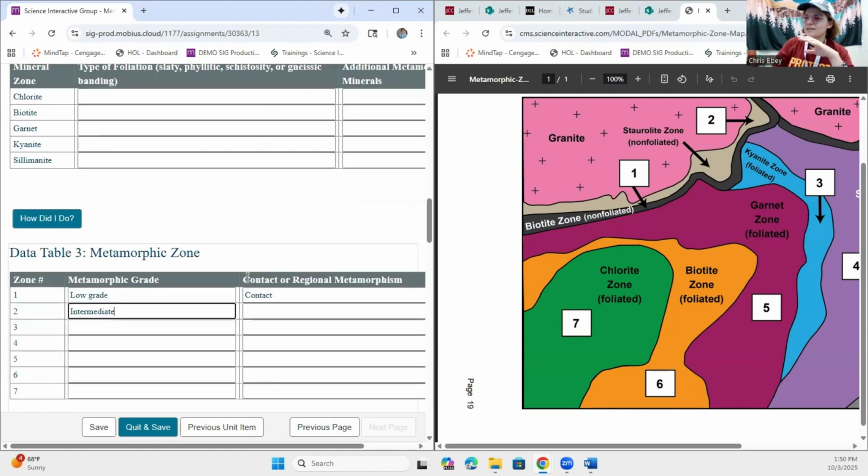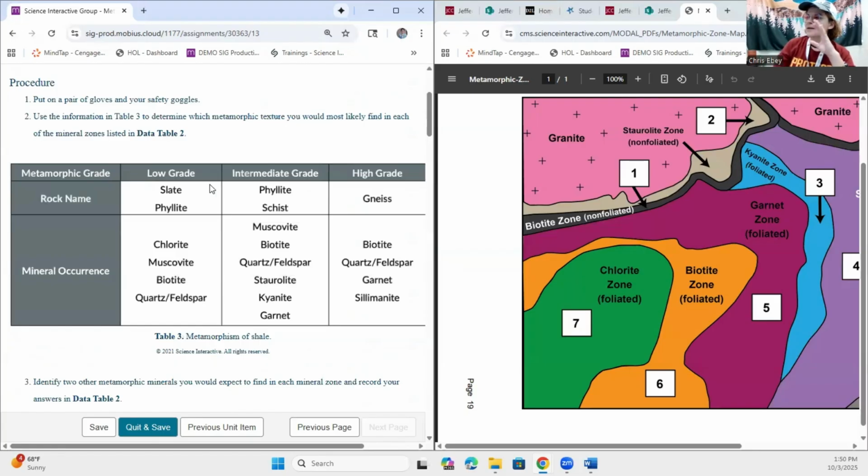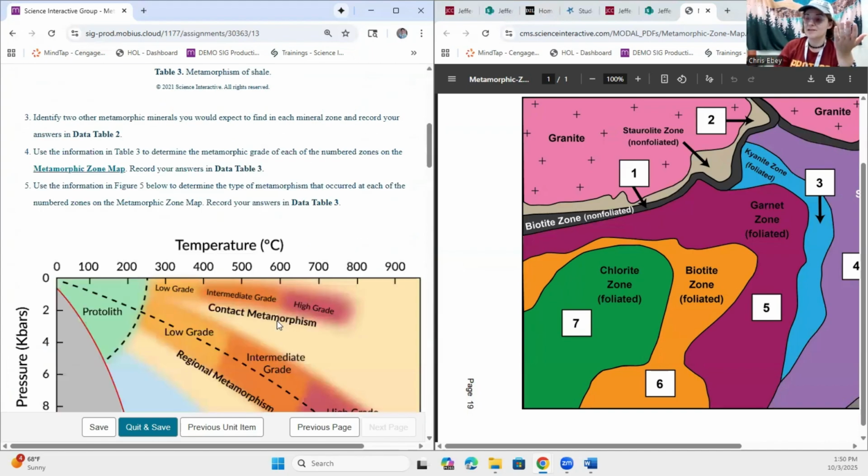Just do your best for contact or regional metamorphism. They don't really give you enough information for that, but this is really just going back to that table 3, and connecting that to, is it non-foliated, in which case it's low grade, or if it's foliated, which means it's either intermediate or high grade, then which mineral category does it fall in? And if they have both, you can put a slash.